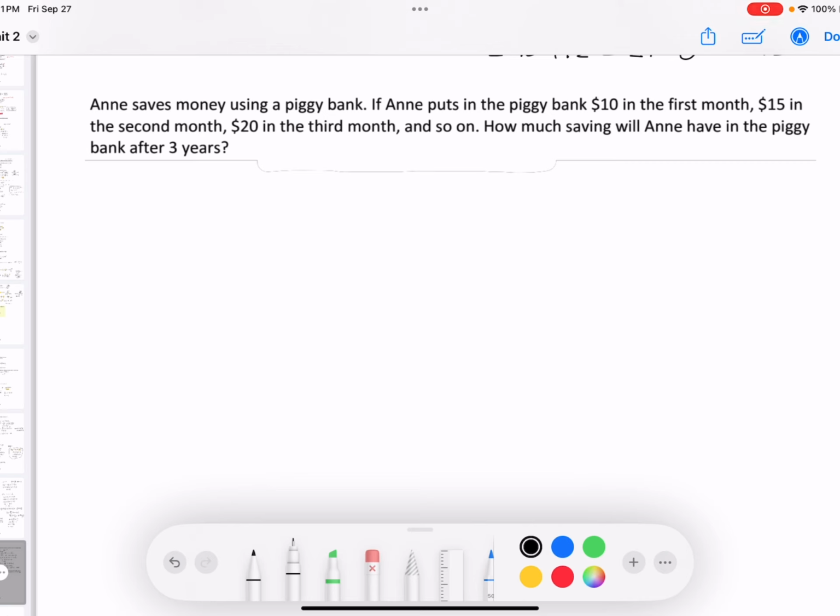So for the first month, we say A sub 1, Anne put in $10, and A sub 2, she put $15. A sub 3 is $20. So I know that A sub 4 must be 25. So every month, she puts in $5 more than the previous month.